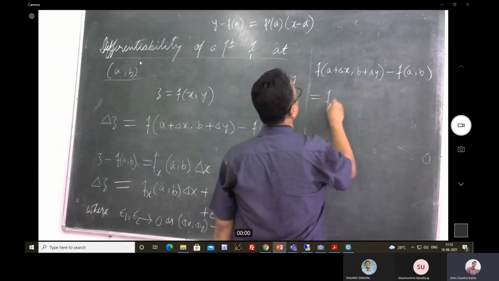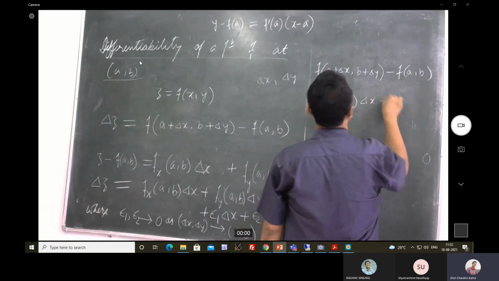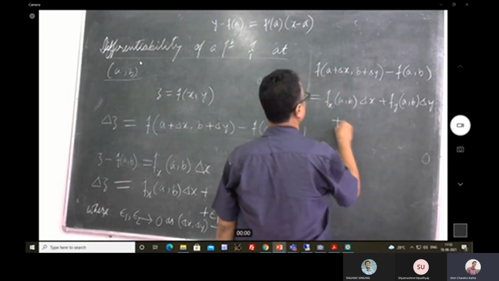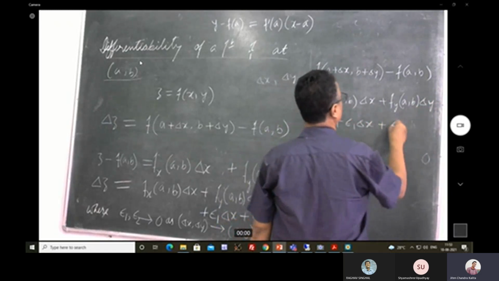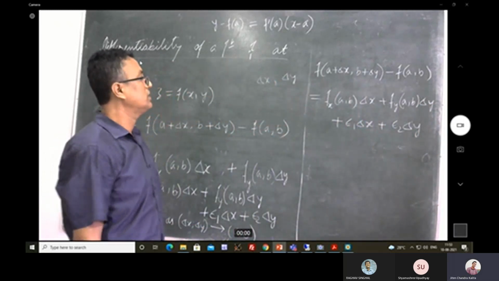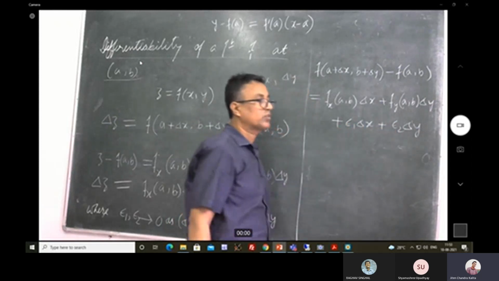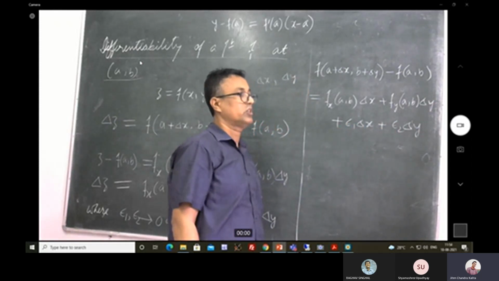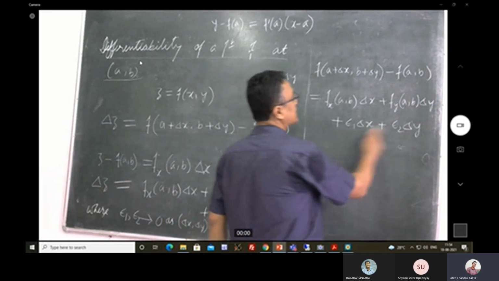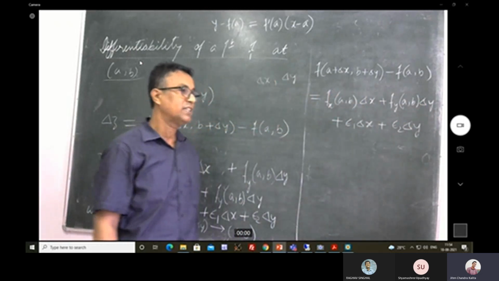So this is the definition of differentiability. You know that epsilon 1, epsilon 2 both tend to 0 as delta x, delta y tend to 0. Now, if delta x, delta y tend to 0, obviously the right hand side is going to tend to 0.